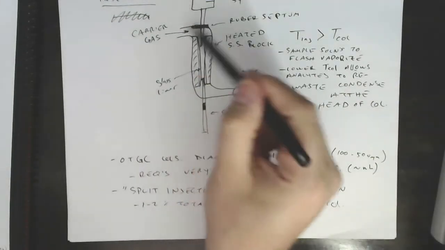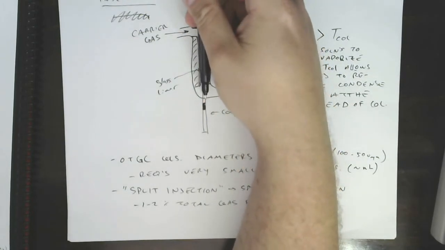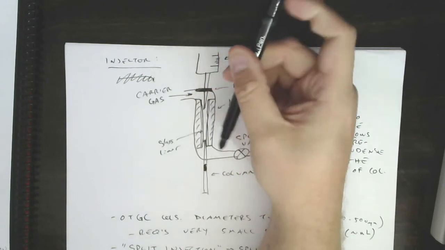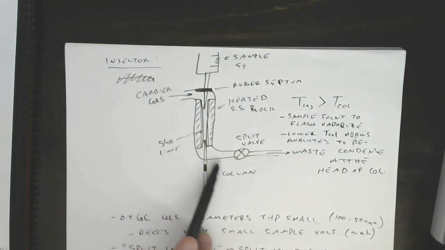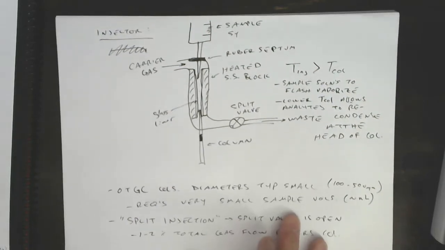So you can prepare a sample that is a few microliters in size, and you can get down in here. You can rapidly inject from your syringe. You can rapidly flash vaporize. You can rest assured that most of it's not going into your column, so you're not over injecting, but you will get this small amount of flow where a small percentage enters your column.